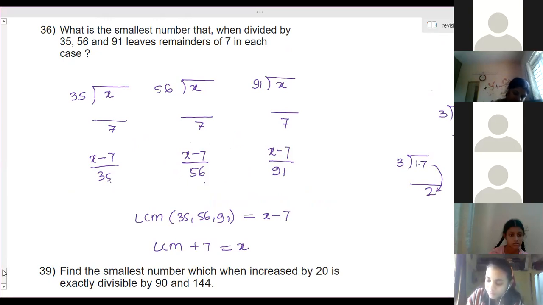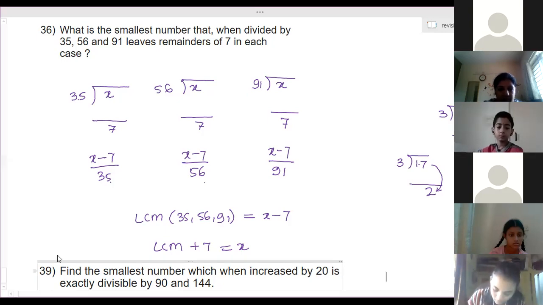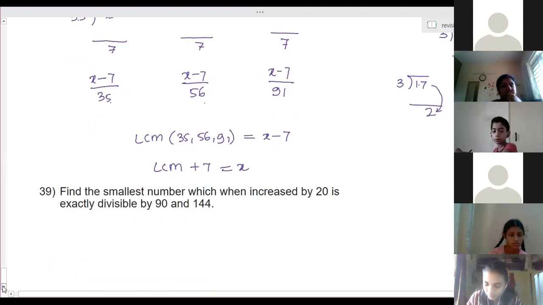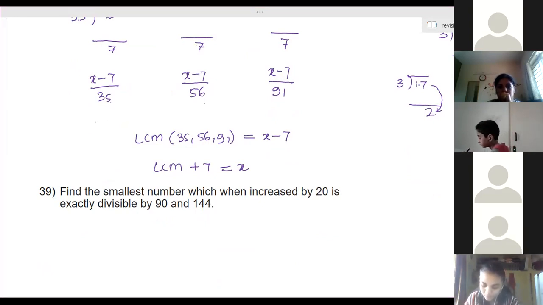Right. And then to that you have to add 7. So 3647. x is 3647. Yes, ma'am, the answer is correct. Yeah, right.